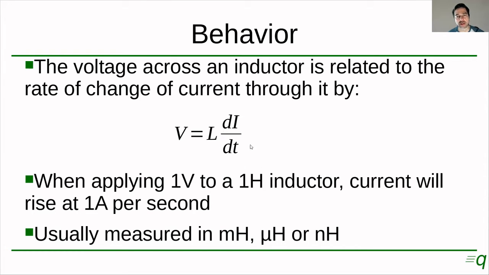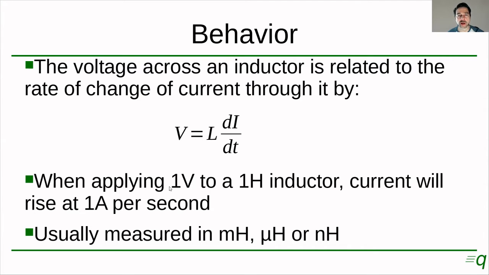So this is how fast the current is changing per second, okay? So if we apply a set voltage, we're going to obtain some rate of change of current. If we increase the inductance, this term has to decrease to maintain the voltage the same, right? So the higher the inductance, the slower the current is going to change through it.